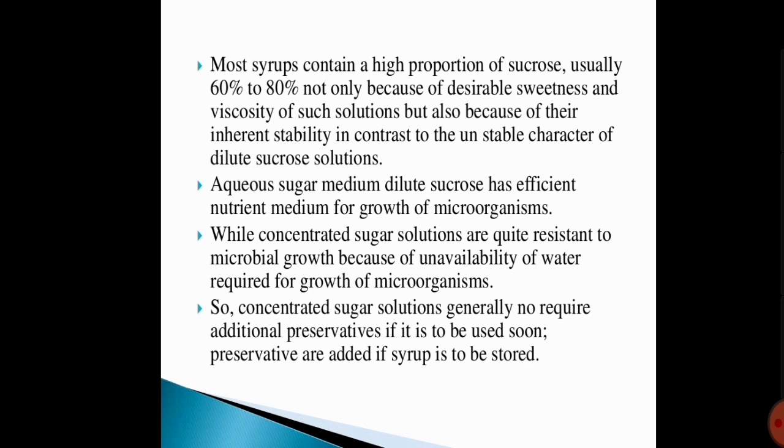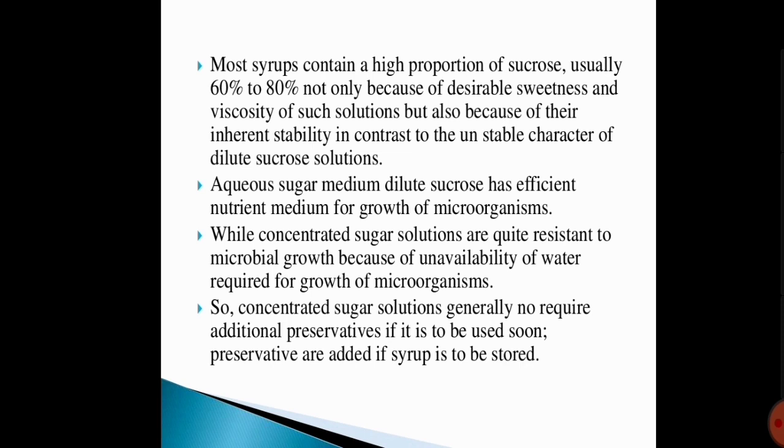So if we have more and more sucrose, we are providing glucose, which is one of the components required by bacteria and other microbes to grow. So we are providing a perfect environment for the microbes to grow. We have to prevent the growth of microbes, so we will use enough sucrose to dissolve it into the pure water so that there is no growth of microorganisms.